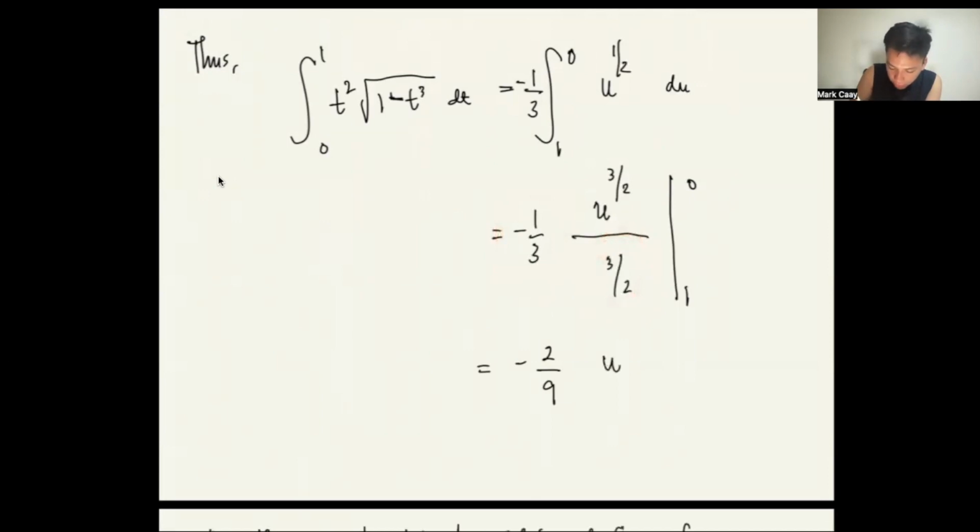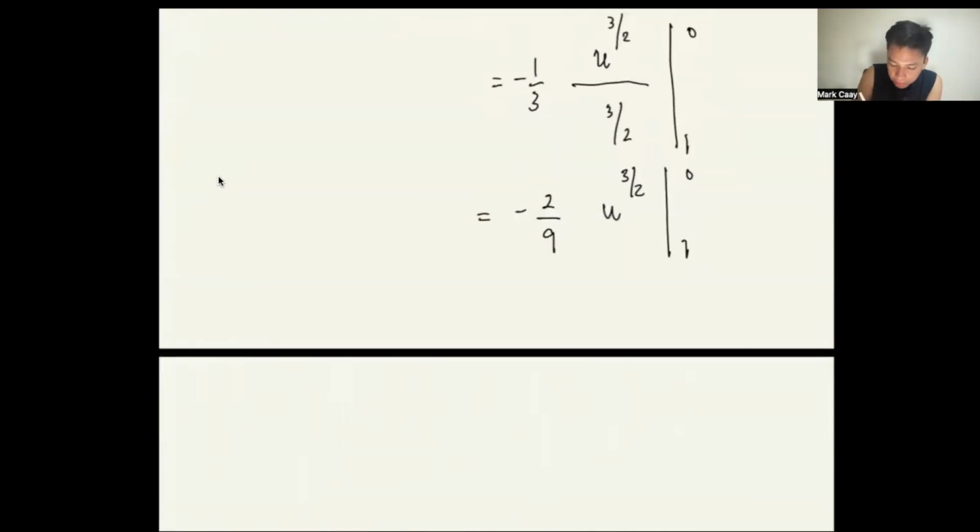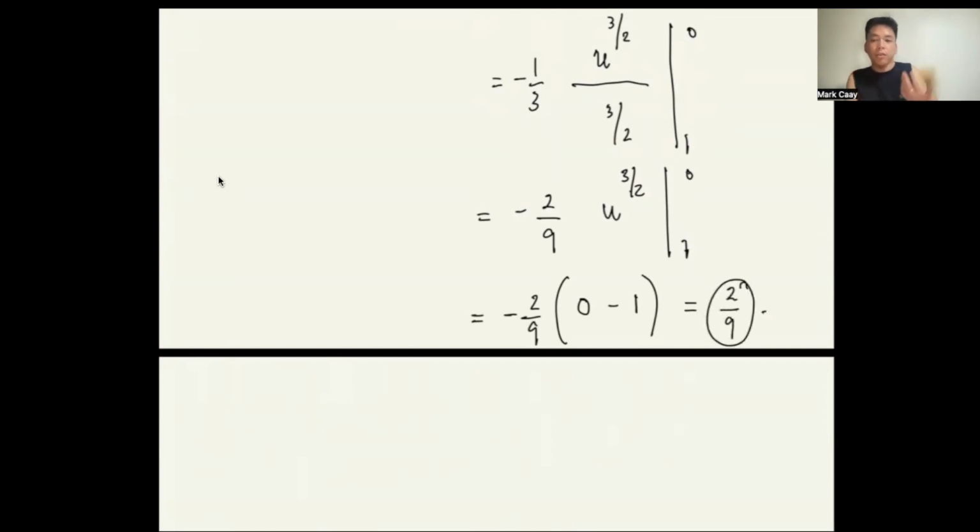And so that's u to the 3 over 2 from 1 to 0. This means negative 2 over 9 times, first substitute 0, so that's 0, minus, substitute 1, so it becomes 1. So the answer now will be 2 over 9. That's it. If you have any question or clarification, please let me know.